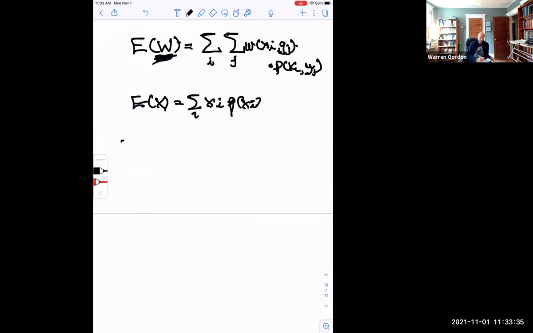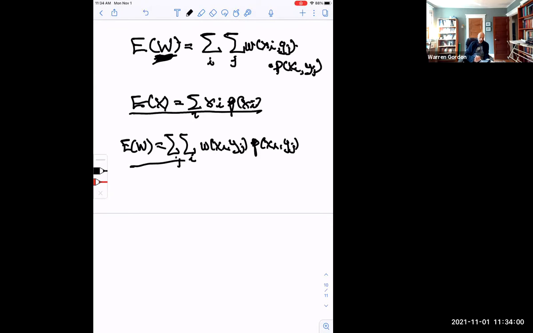I've defined E of W to be the double sum of W of x sub i, y sub j times P of x sub i, y sub j. Notice it's a simple generalization. But now let's make an observation.